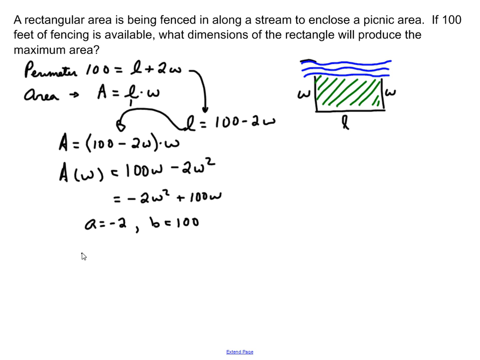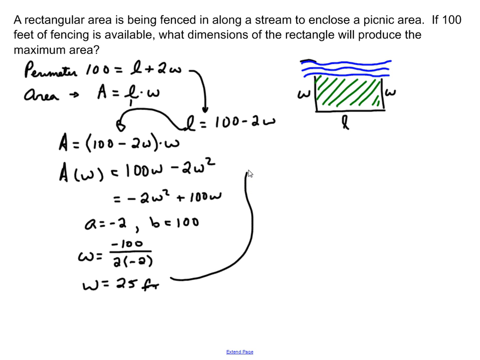And we're going to say that W has a maximum at the negative of B divided by 2 times A. So that's negative 100 divided by negative 4, and our width comes out to be 25. 25 feet seems to be where this occurs.